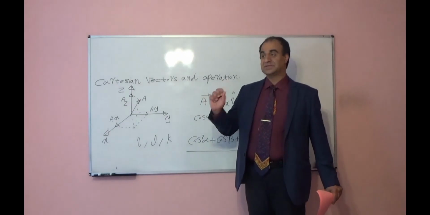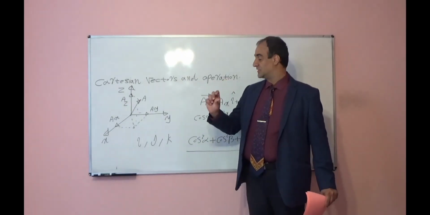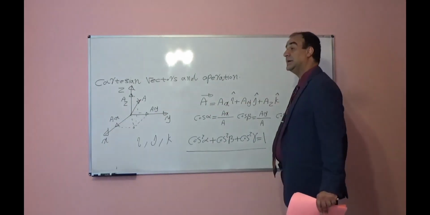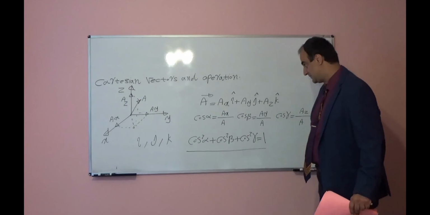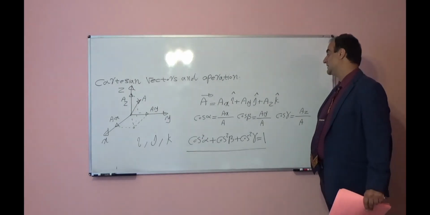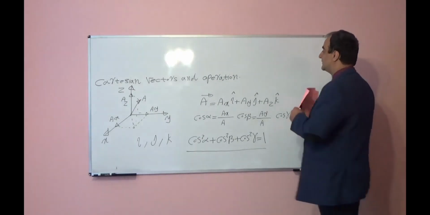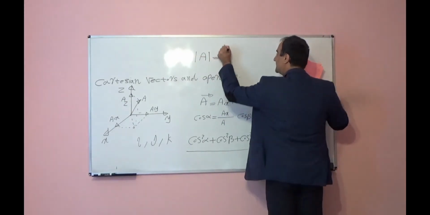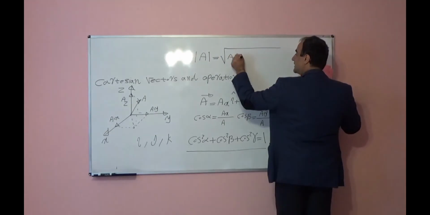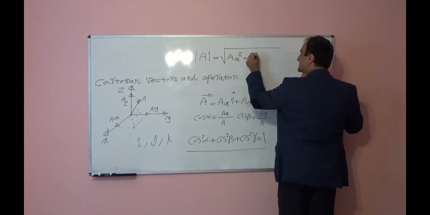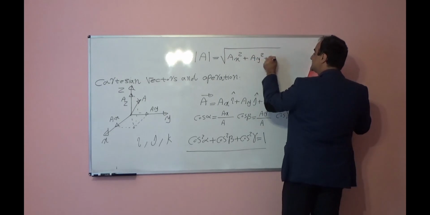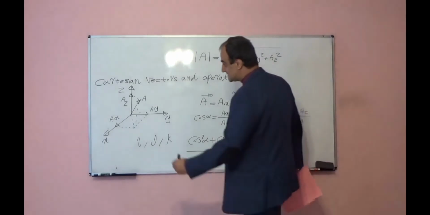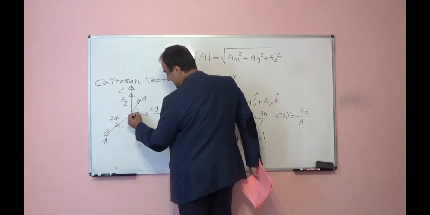And unit vector means the length of that vector is equal to 1. So if I represent vector A in Cartesian vector form, it will be Ax i plus Ay j plus Az k. From here, the length of this vector will be equal to the square root of Ax squared plus Ay squared plus Az squared. Why? Because if you look at here, this is Ax, this is Ay.